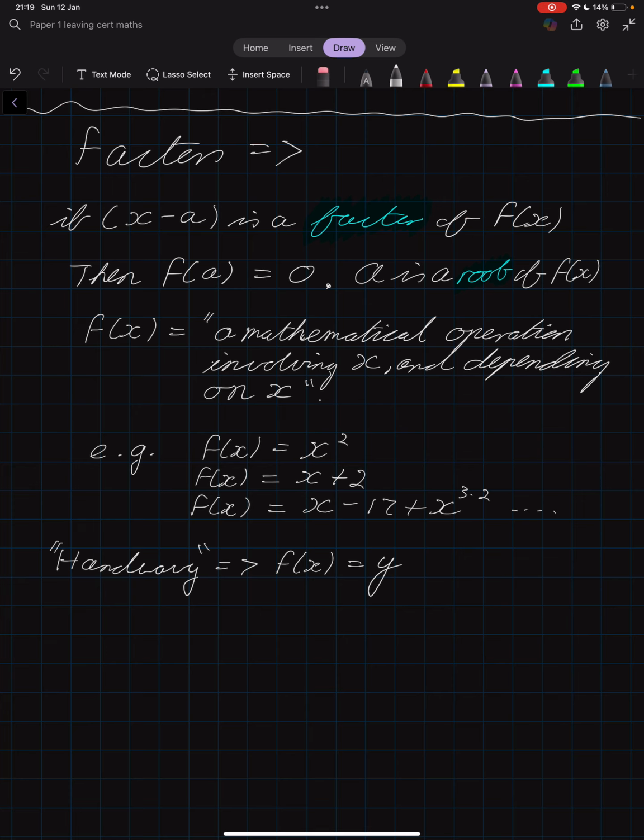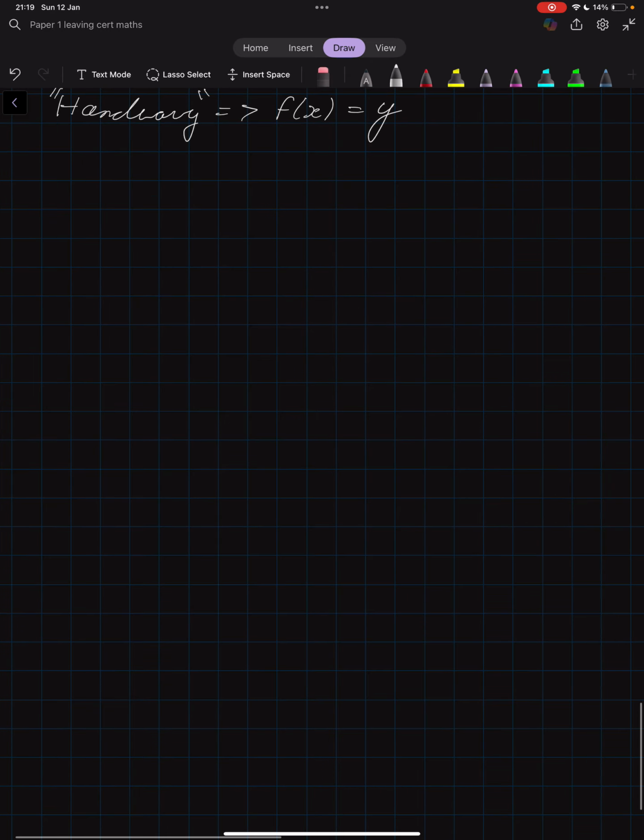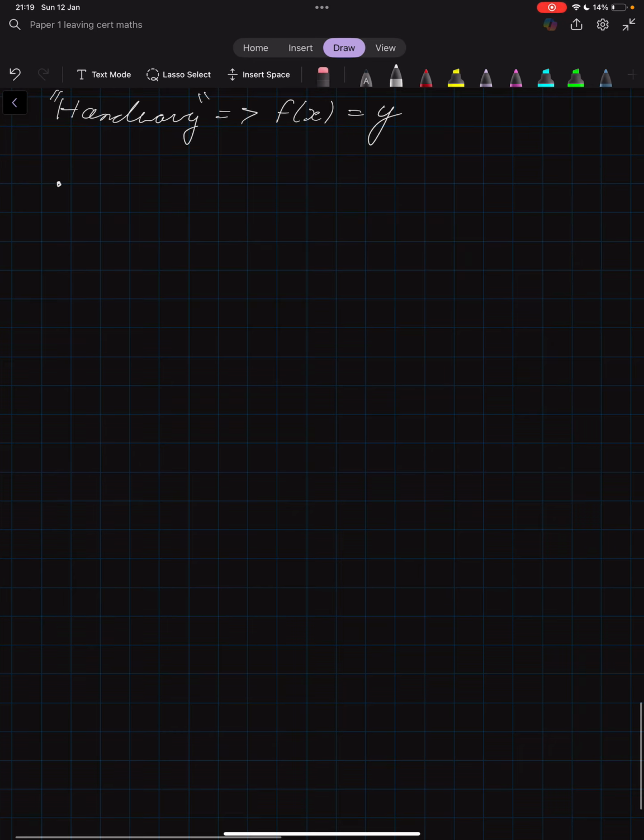There's a few definitions, which I suppose I may as well go through. So, yeah, so root is very important. So if it's a root, that means that if you evaluate f at the root, you get 0.